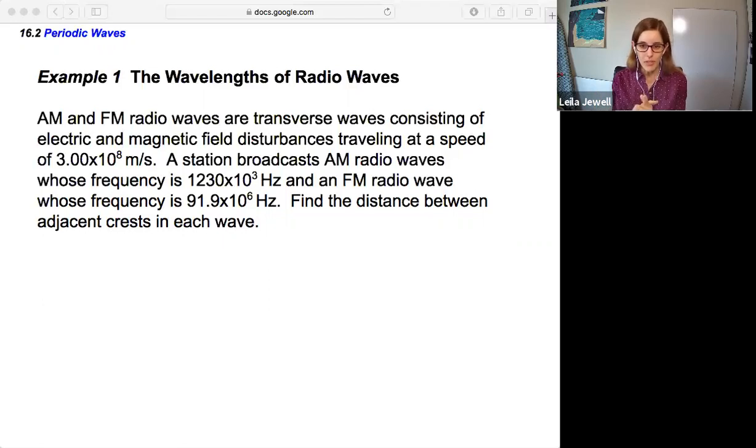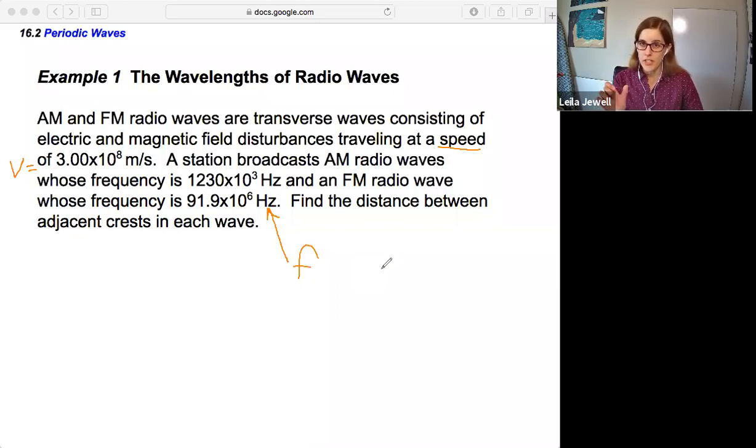All right, but we want to find the distance between the crests in each wave. So the key first is to figure out what we know, and we have these hertz. The units clue us in here that the hertz are giving us the frequency. Then we also have this 3 times 10 to the 8 meters per second, and that is our speed. So we have speed, we have frequency. What's the distance between adjacent crests?